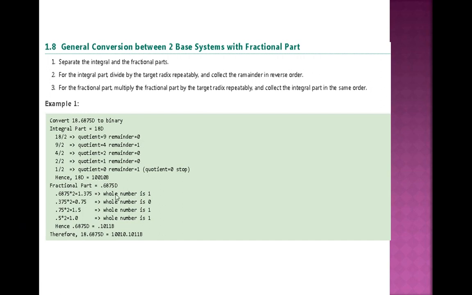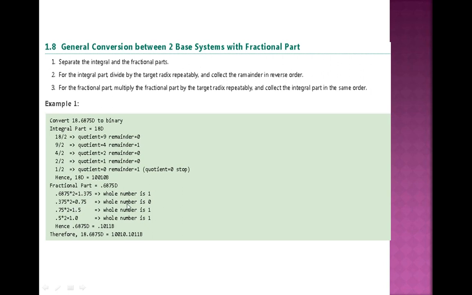Now next is your fractional part, 0.6875D. First of all, multiply by 2. Why multiply by 2? Because it is converted into binary form. 0.6875 times 2 is 1.375. The integer part is 1, so separate 1. Next, using only the fractional part, 0.375, multiply by 2 again.